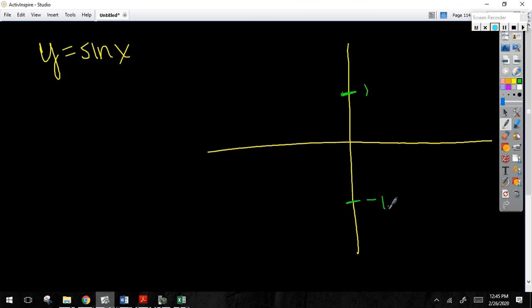And your units on your x-axis, I'm so hesitant to even say this, are half pies. So, pi over 2, pi, 3 pi over 2, and 2 pi.